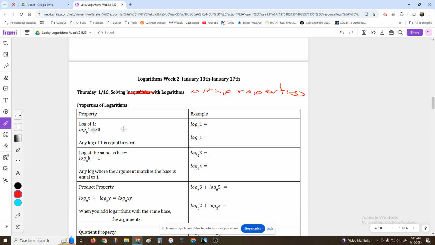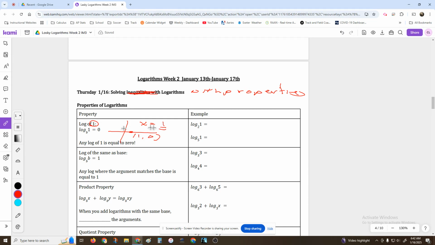If I get an answer of 0, what we're saying is I'm plugging in x equals 1, and if we look at a graph of a logarithm, the base point is always 1 and 0.